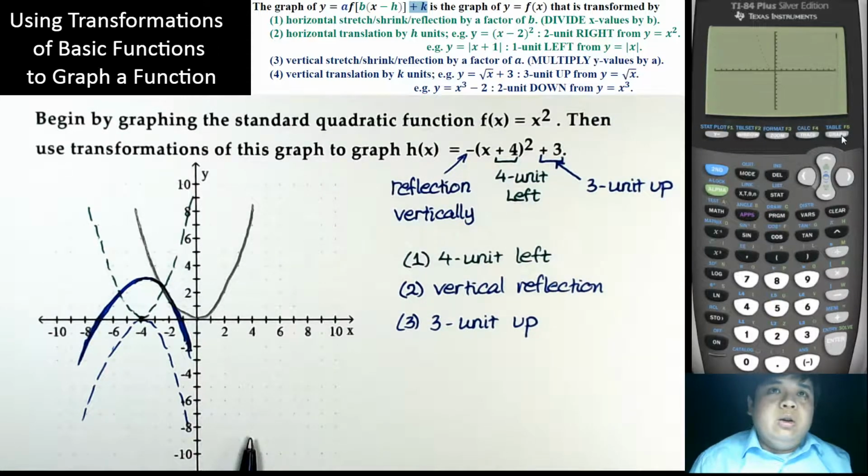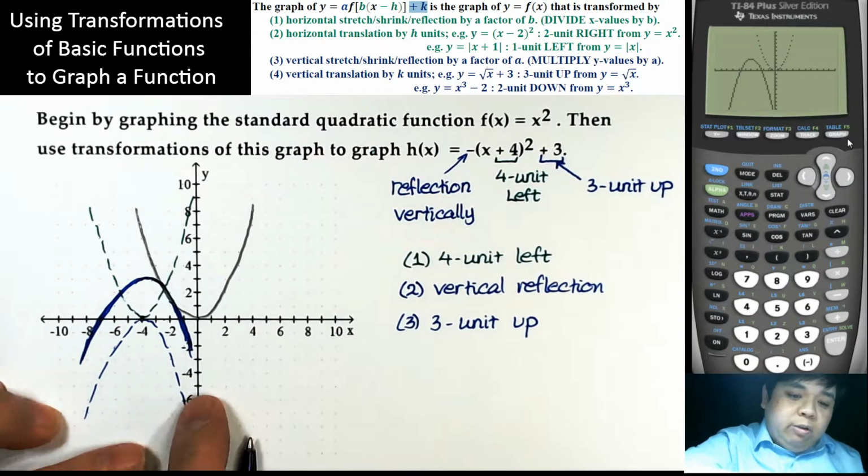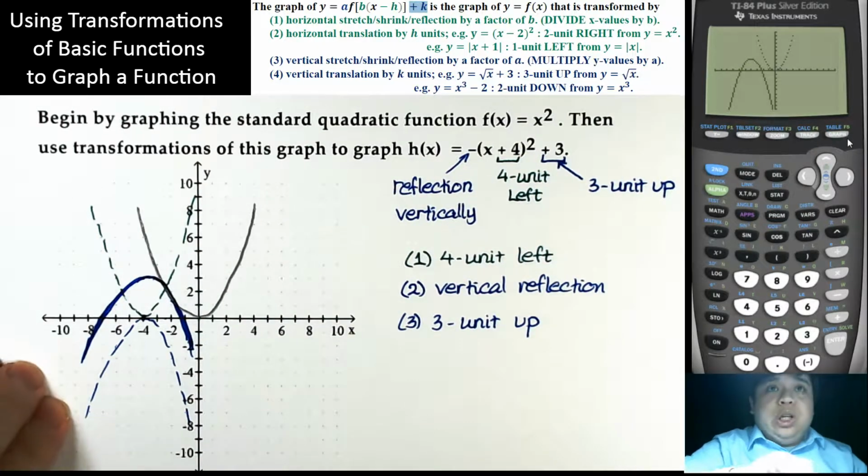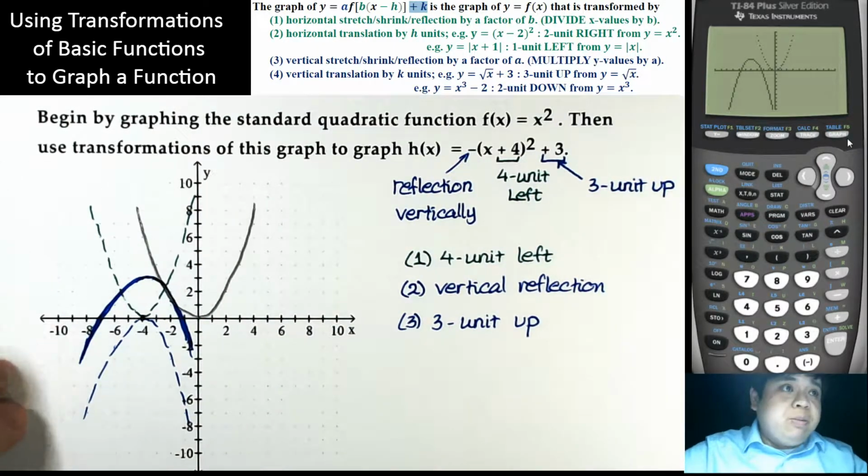And then let's look at the graph. And as you see, 4 units to the left, reflect, and then 3 units up, and that's what we have.